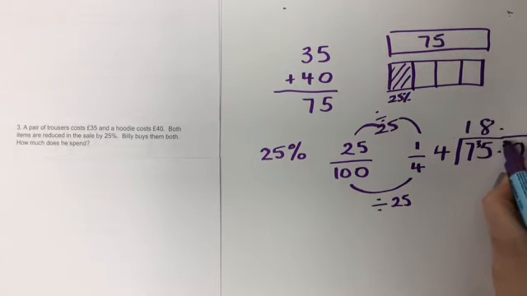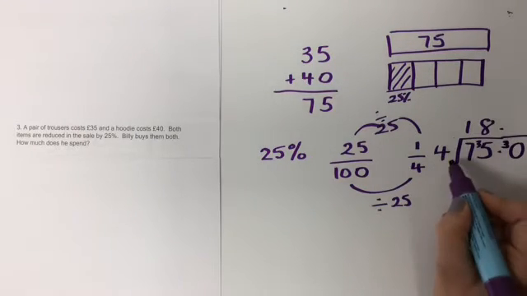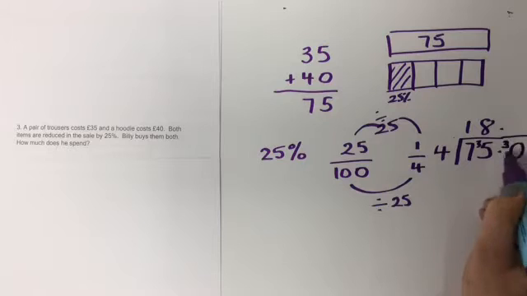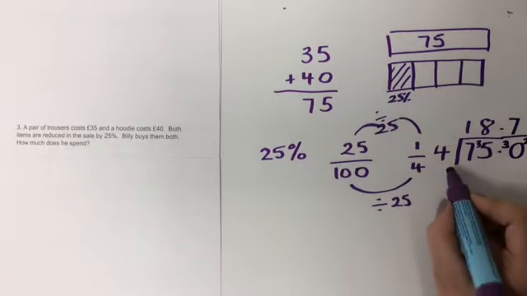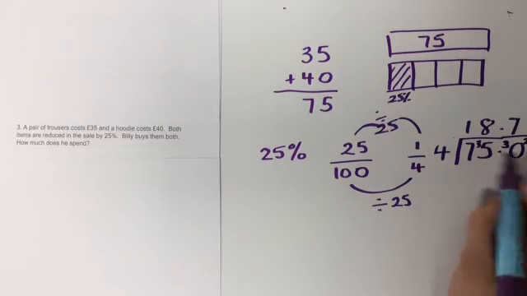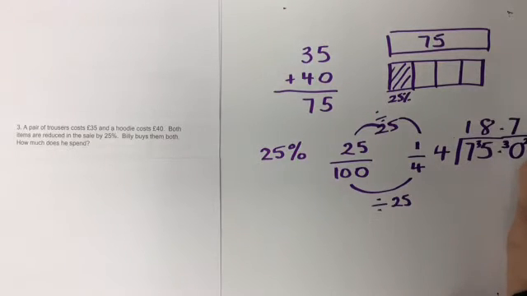That means I've got 3 to carry forward. 4s into 30. The closest is 7, which is 28. That's another 2 to carry forward. 4s into 20 go 5. So 18.75 is 25%.